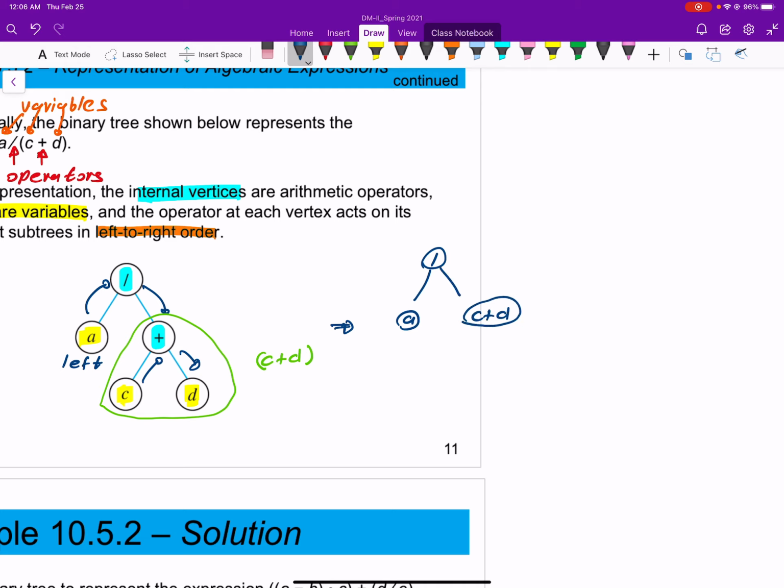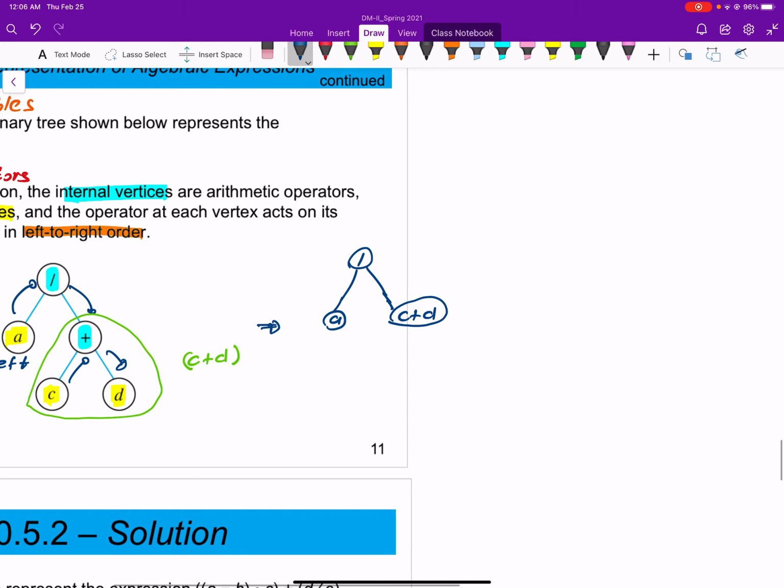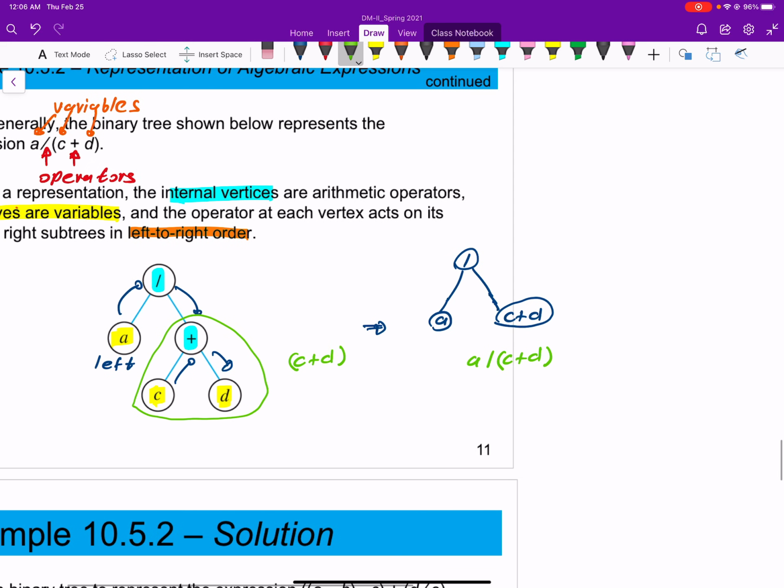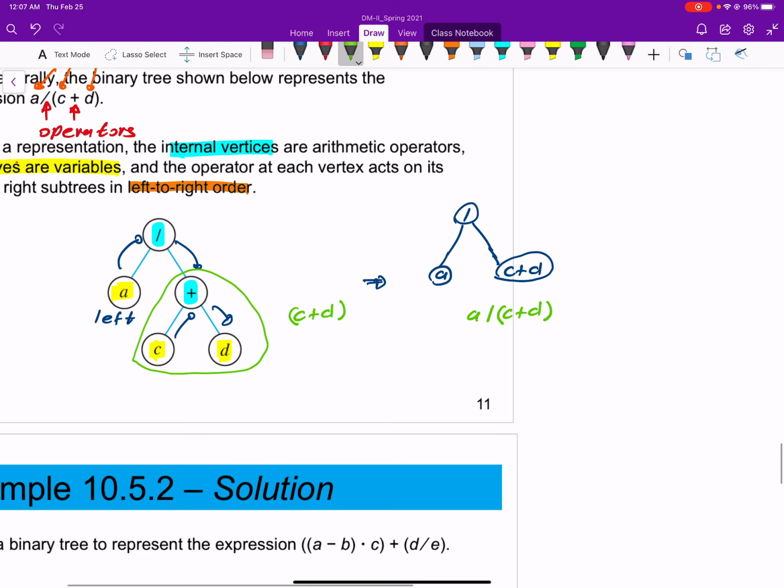You could put c plus d into one vertex because we have already computed that. And then the answer for this one should be a divided by c plus d, which is given to you. All right, good.